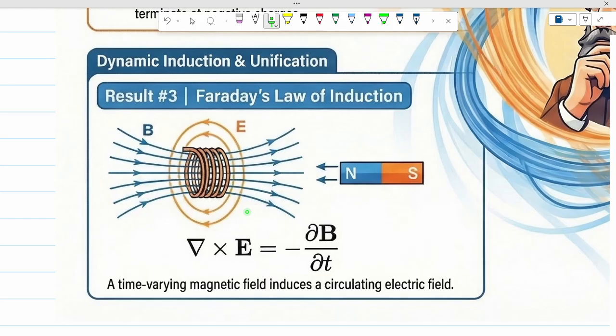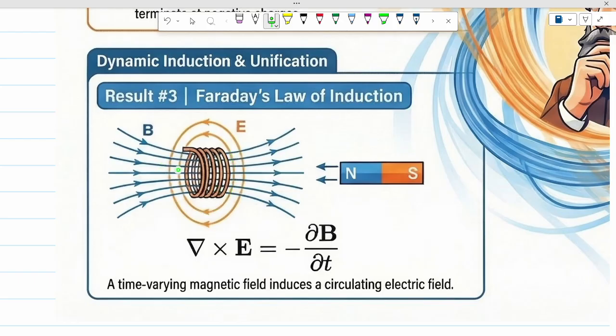And Lenz's law, which is this minus sign here, says that the voltage that's induced in the loops is in such a direction that the current due to the induced voltage opposes the change in the magnetic flux. And I think you have to interpret this with the right-hand rule.